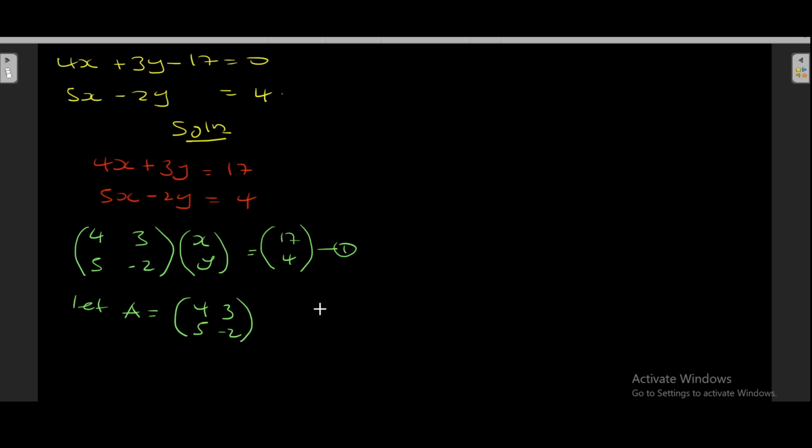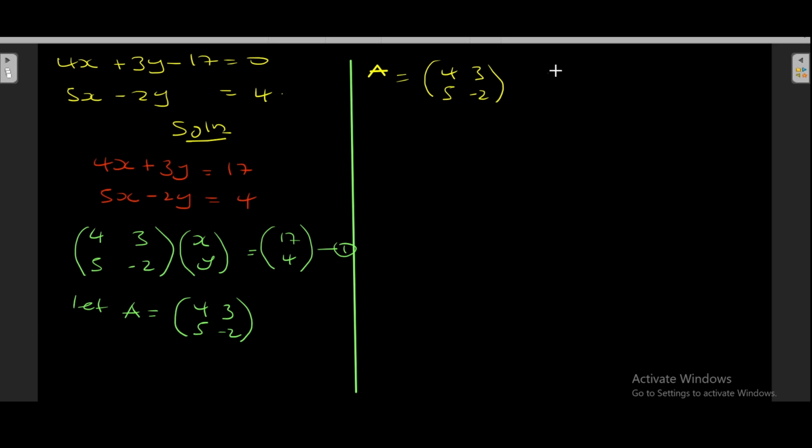What I'm going to do, if I'm to work out using a matrix method, then I need to get the adjoint of a matrix A. Therefore, I can come here and I find the adjoint of my expression following this method of adjoints. I'll say my A expression is equals to 4, 3, 5, and negative 2.